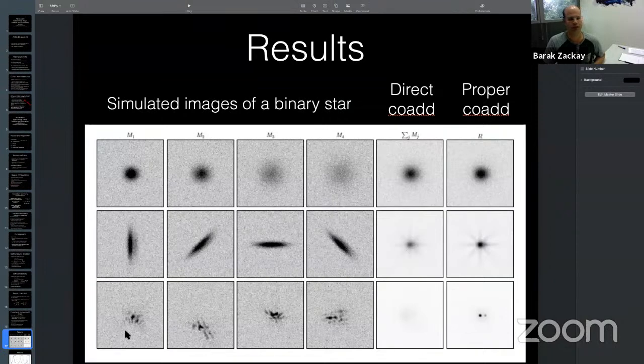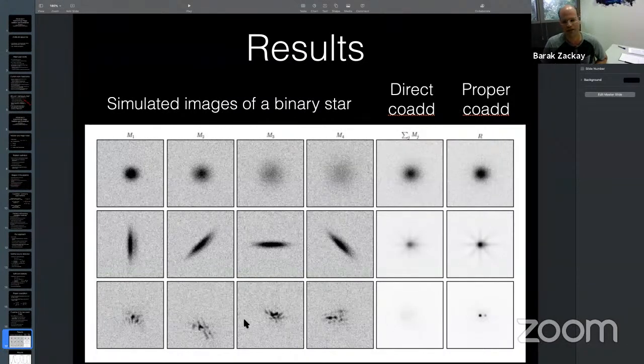So imagine that I put also one of these in the summation, and it would completely get smeared out. And if you take something that is even more radical, so if you take a star and you image very, very fast, you get speckle images. If you don't know what speckle images are, it doesn't matter. But this is what happens when you image a bright star very, very fast. And it turns out that proper coaddition of speckle images can really reveal things that you wouldn't even imagine that you would know.